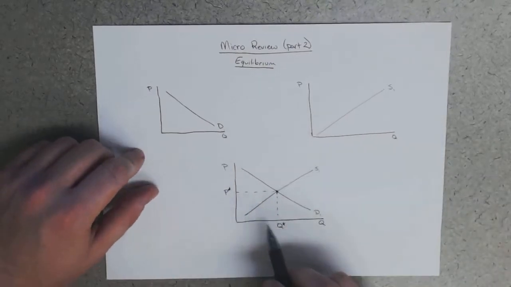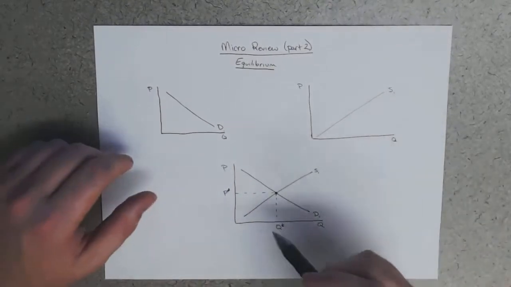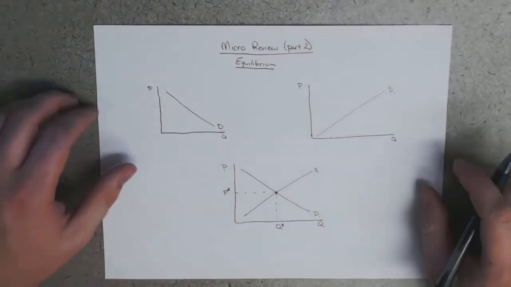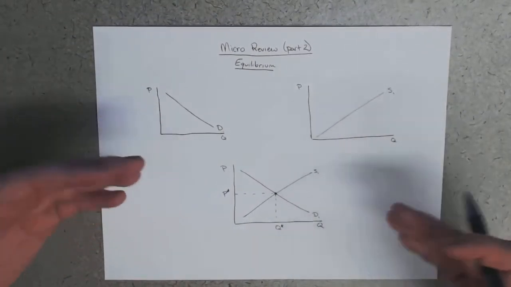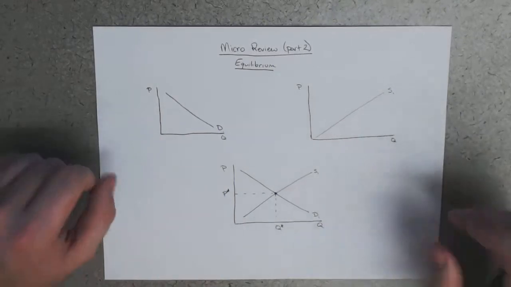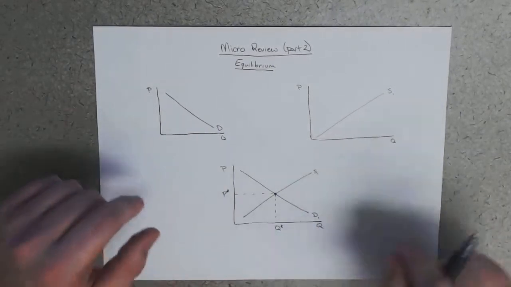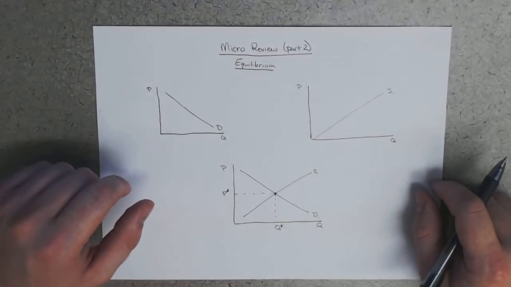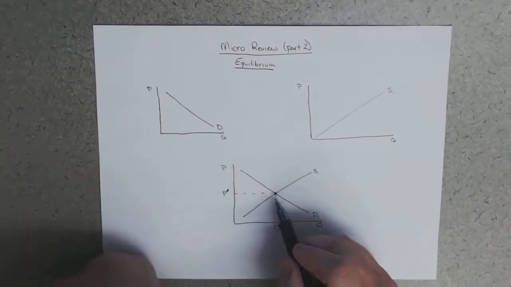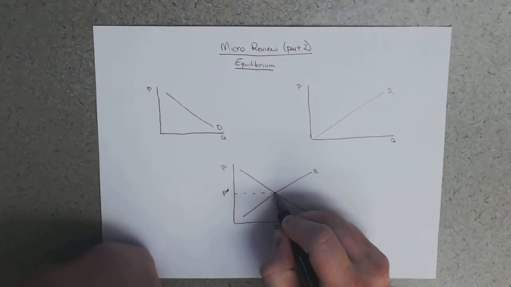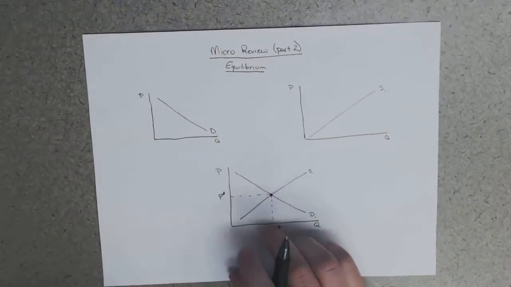Some people use P zero and Q zero, others use P bar or Q bar. I just use star. That's what I was taught in undergrad, and I've always used stars. So I'm going to use stars to denote the initial equilibrium. So this point right there is known as equilibrium.